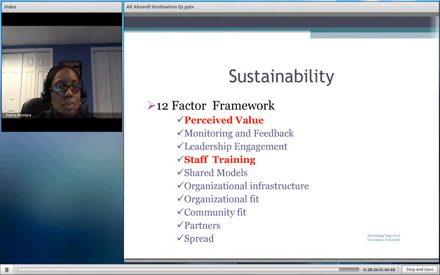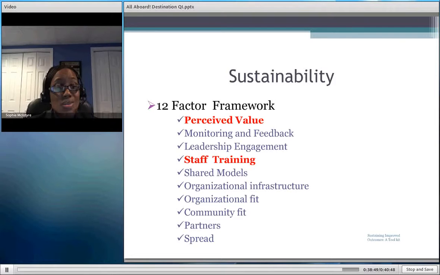Is there leadership engagement, not only from you as the provider, as the leader, but is there engagement of leaders? That includes your administrators, your chief medical officers, and it may even include your chief executive officer. Are they engaged in this process?